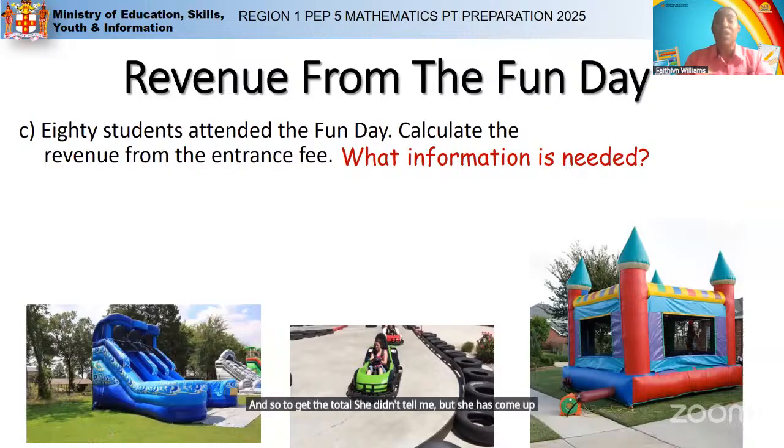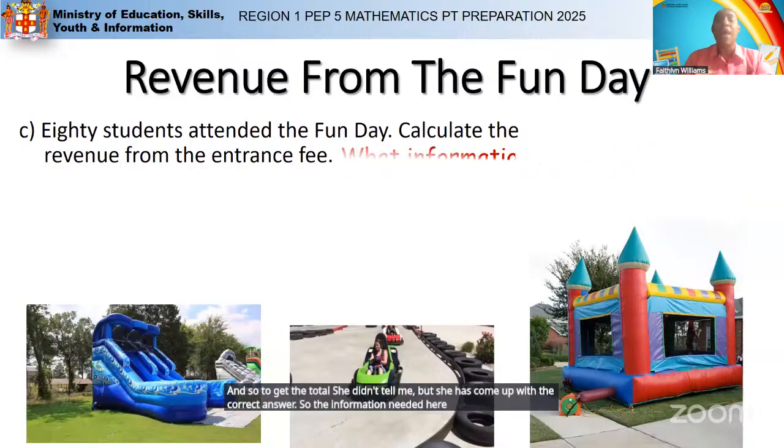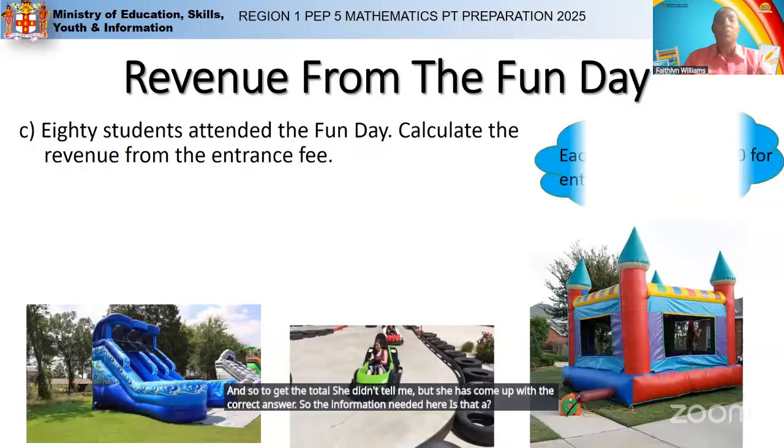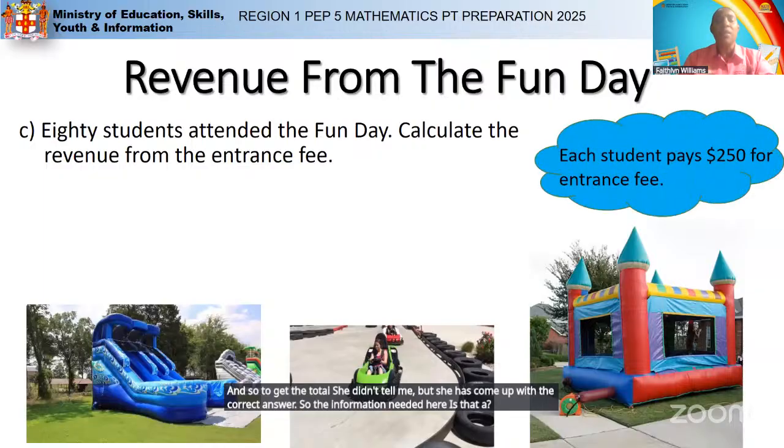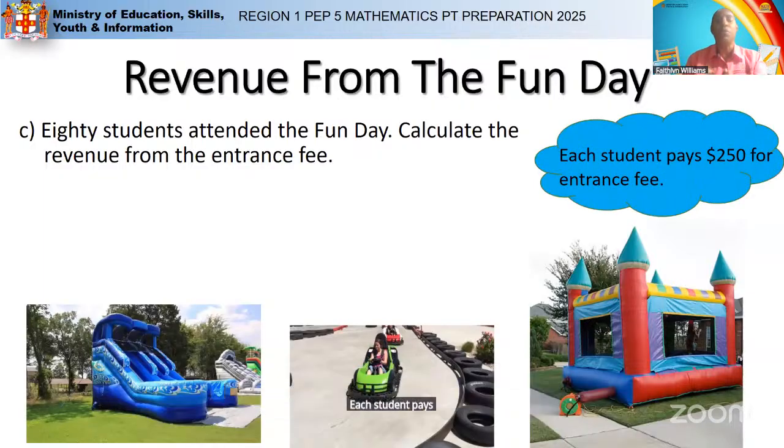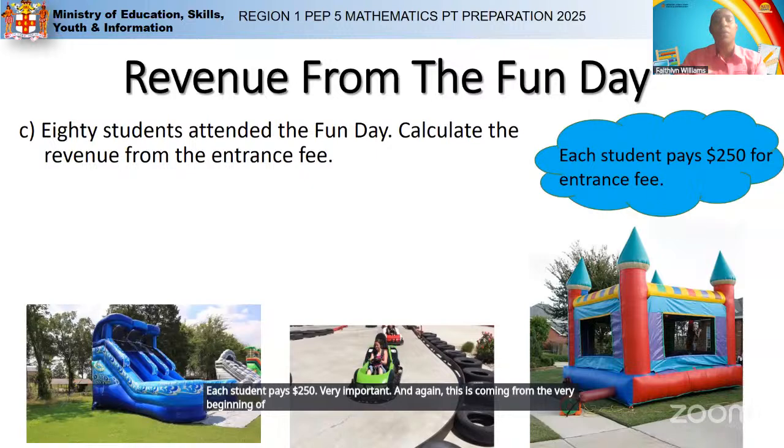So the information needed here is that each student pays $250. Very important. And this is coming from the very beginning of the scenario that was given. So we are showing you how connected even the very first information is throughout the performance task.